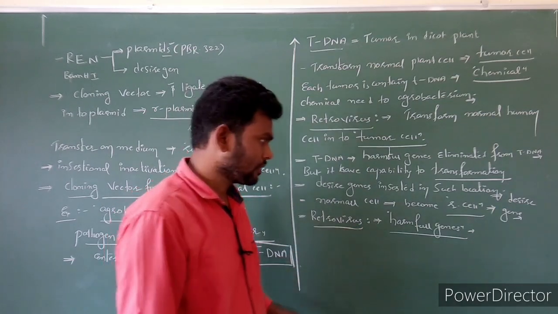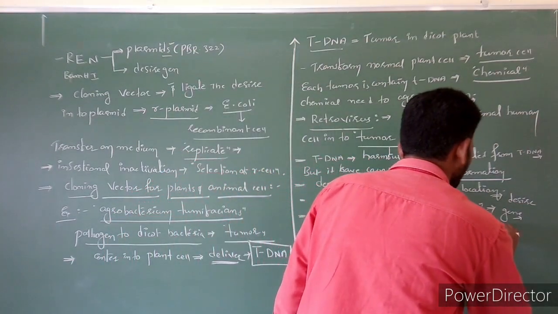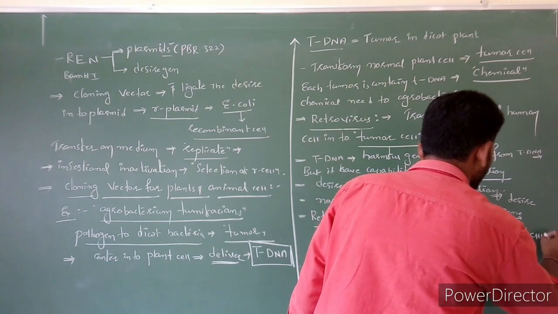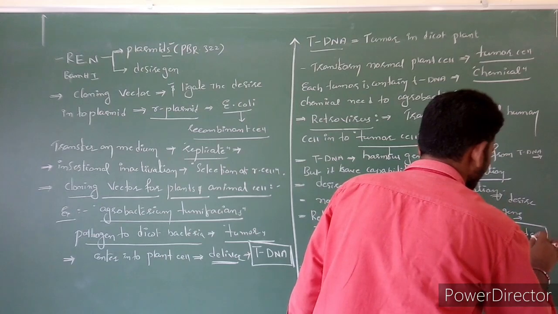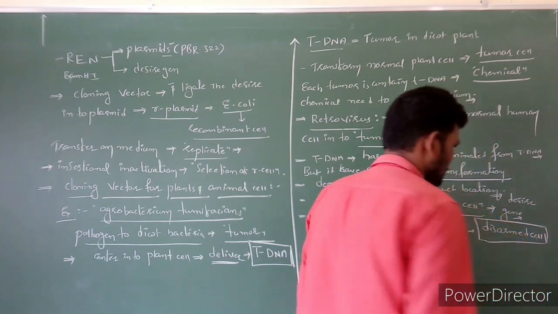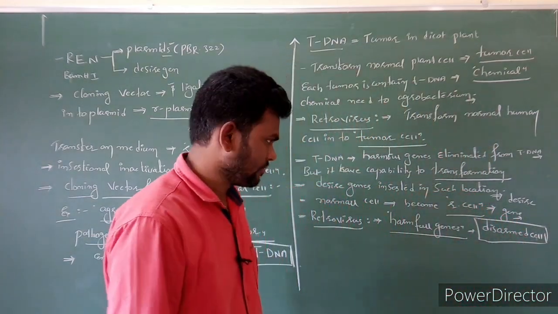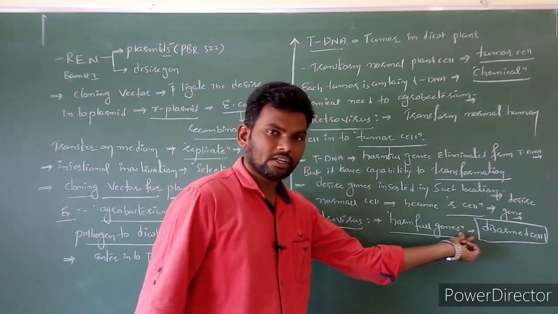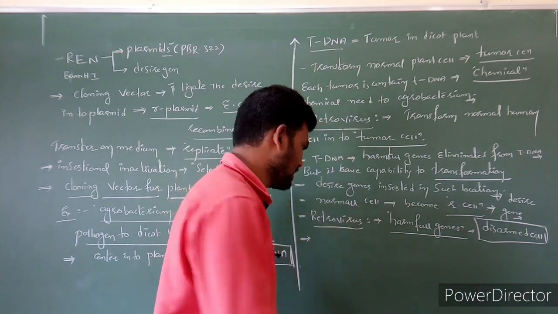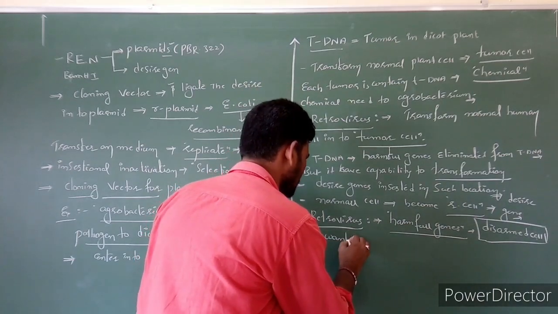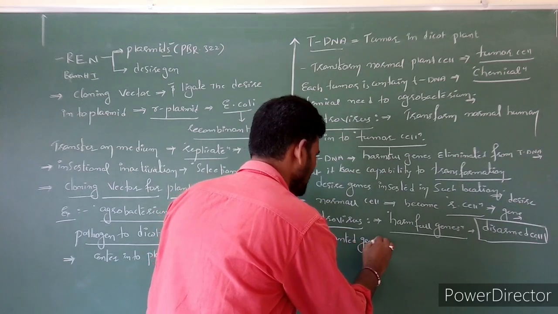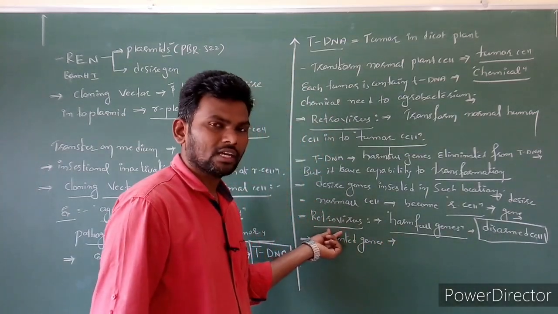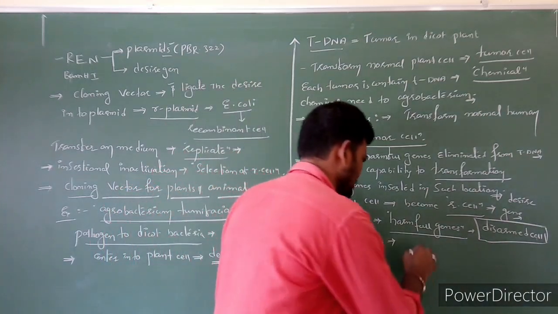Okay, it is called a disarmed cell. Now in such location again wanted genes are inserted. Now these retroviruses again perform transformation.